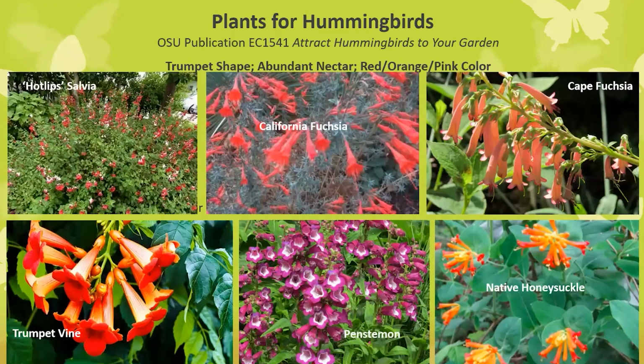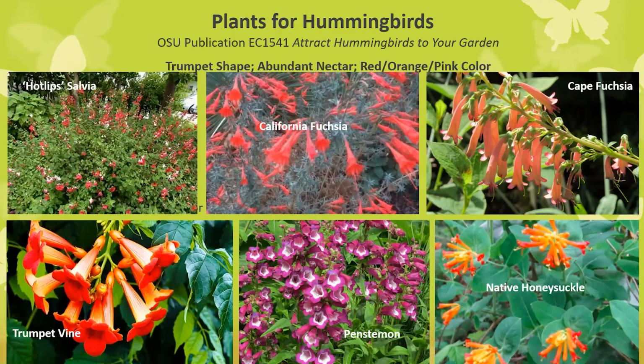Hot lips salvia. The salvia flower shape is suited for hummingbirds, and hot lips is a very vigorous plant. Generally in one season, a small 1 gallon plant grows to about 3 feet in diameter, and it has a tremendous flower power.